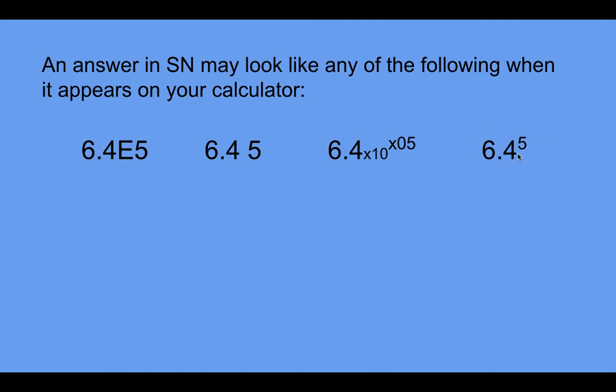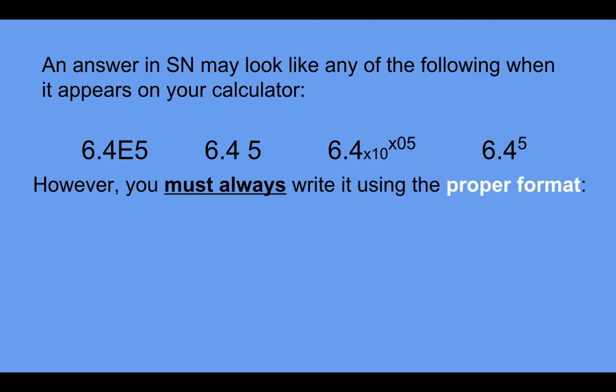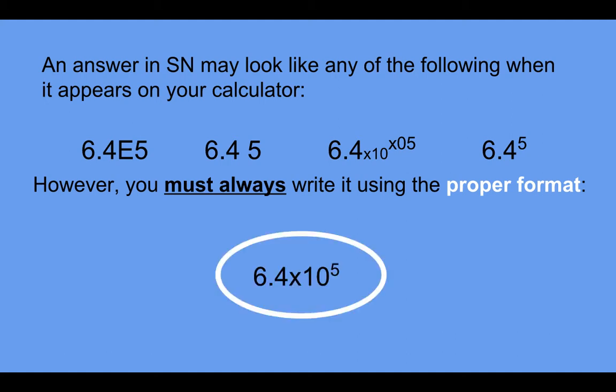This was in older calculators. It looks like it was 6.4 to the 5th when it was the 10 to the 5th. So again, it's going to come up in a variety of different ways depending on your calculator. The thing you have to know, though, is regardless of what it looks like on the calculator, you have to write it in this format with one counting number to the left of the decimal on your paper. It has to look like this on your paper.